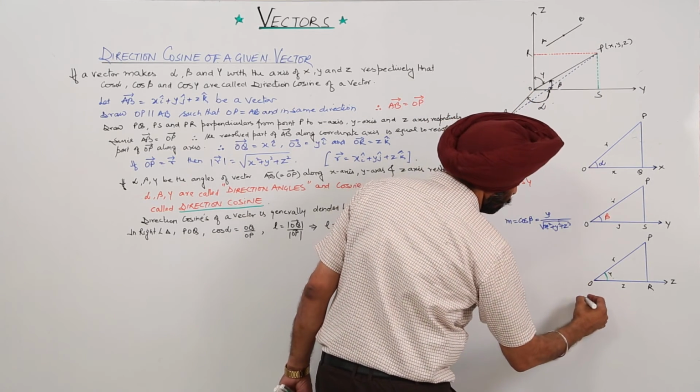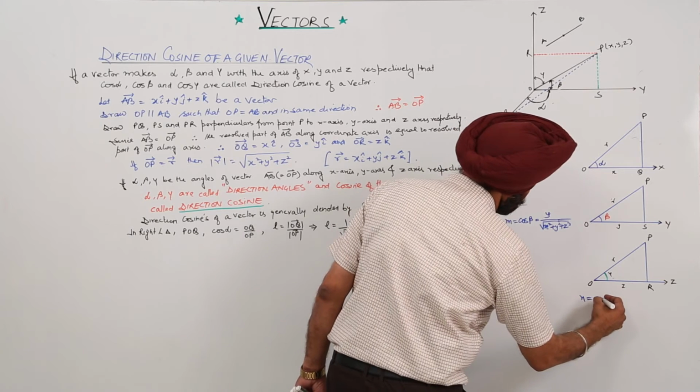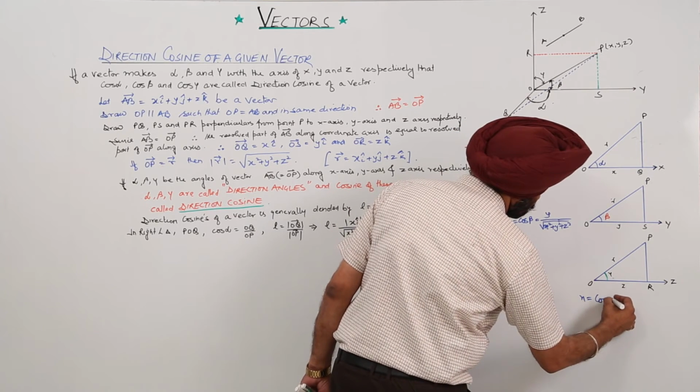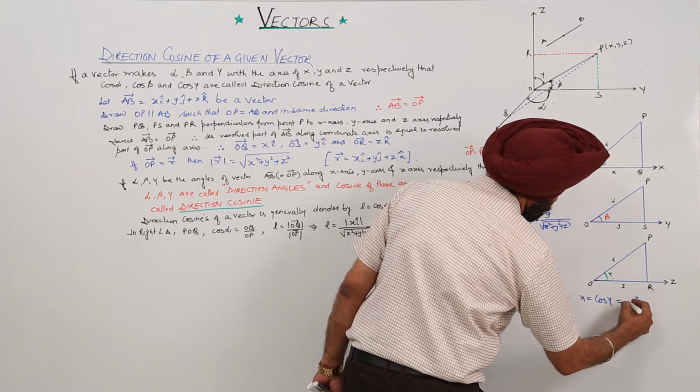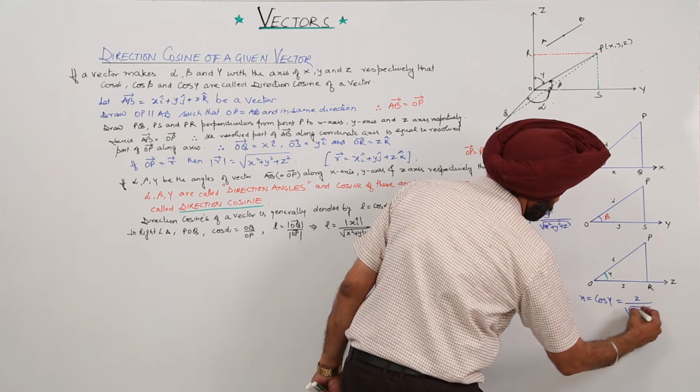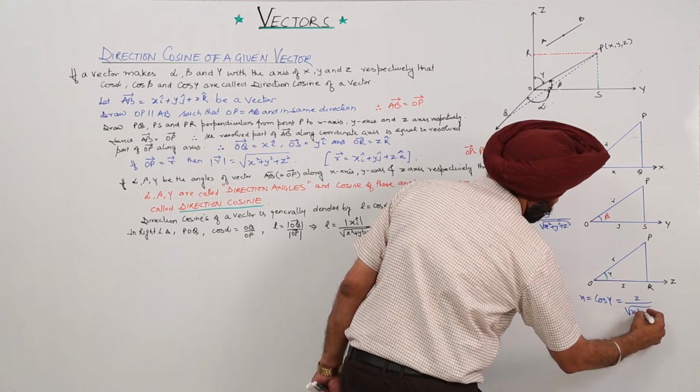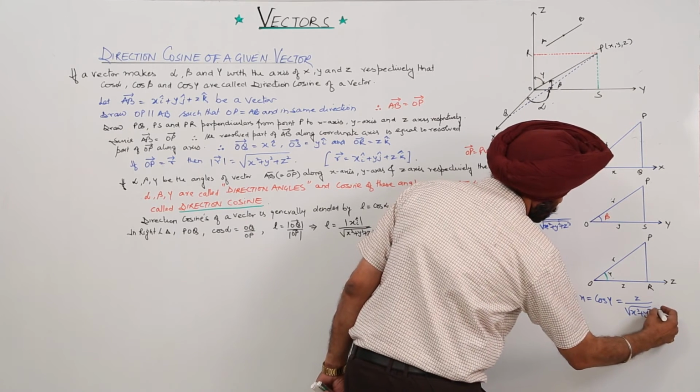For this part, N is equal to cos gamma and this is equal to z upon square root of x square plus y square plus z square.